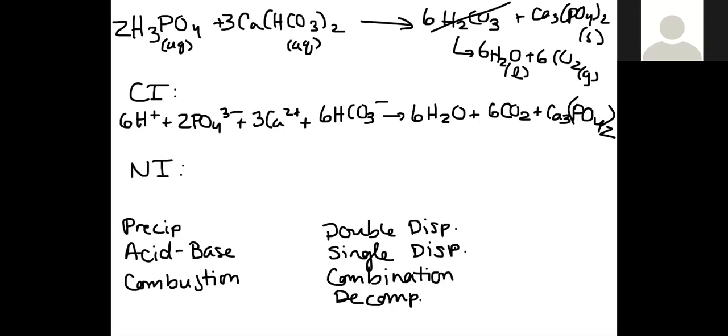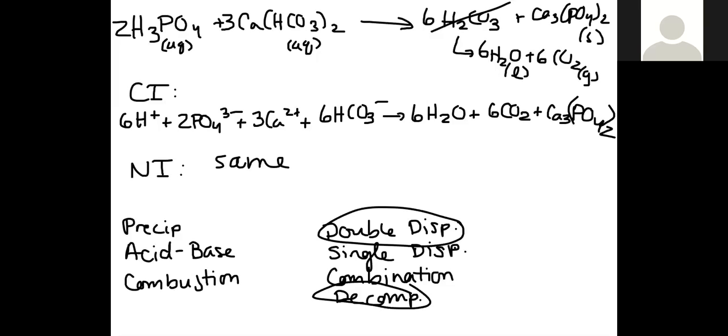Okay. And then, let's see. This is a double displacement and a decomposition, and what else? Not an acid base because you don't have a base. It's not combustion because you don't burn something with oxygen.